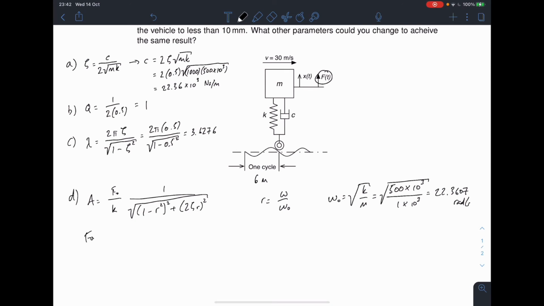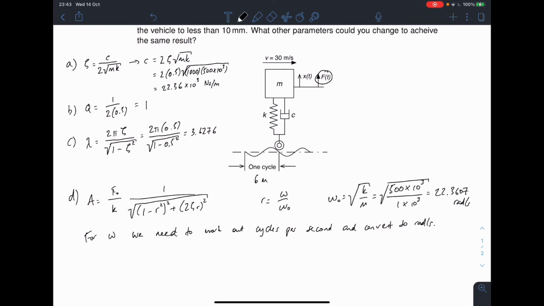Okay, for omega we need to work out the cycles per second and convert to radians per second.